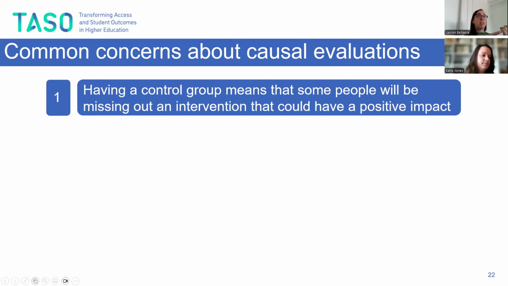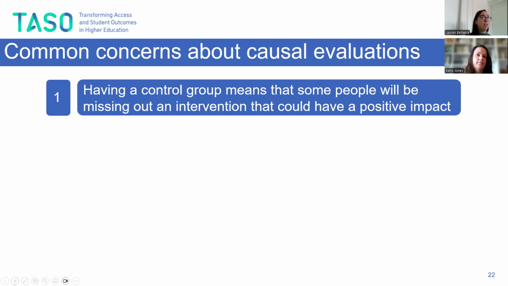One of the biggest concerns based on the consultation was that if we have a control group, this means that some individuals will not be receiving the intervention, and so potentially they're missing out on an activity which is effective.